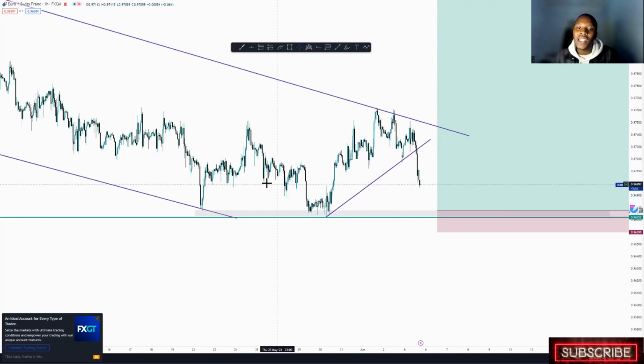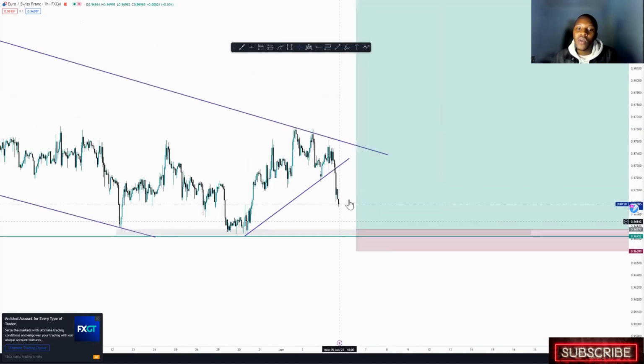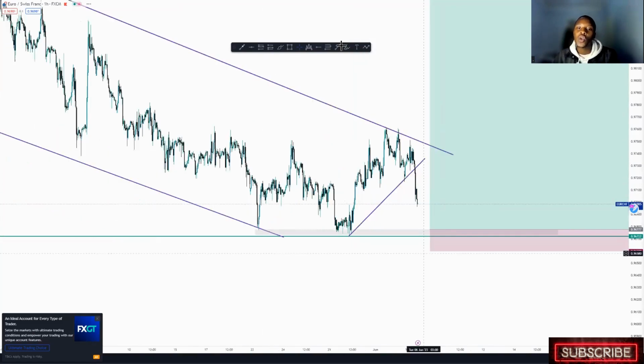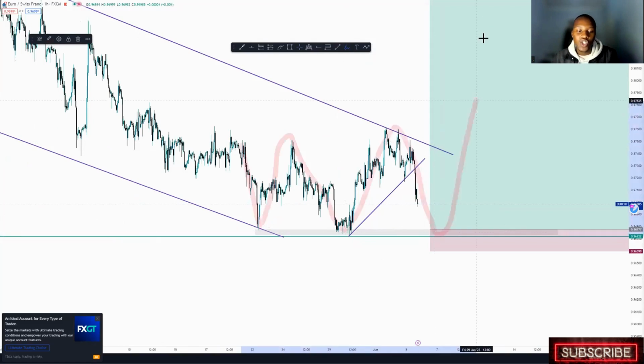So obviously the 90% rule of that pattern is to be reached at these areas over here, right? Hence, I'm saying that this is the level that we need to put our eyes on. Otherwise, for now, I think the market short term is going to be a sell. And then obviously when it reaches the 90% rule of that, it's going to start showing signs of actually wanting to go to the upside as a result of what could be an inverse head and shoulders.